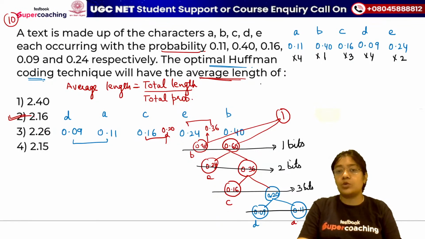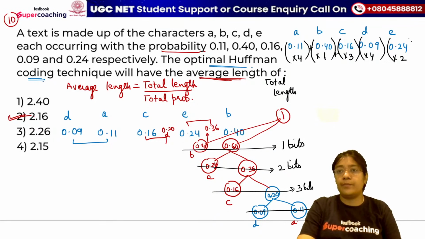Simply, this comes out to be total length will be equal to the sum of all the terms.